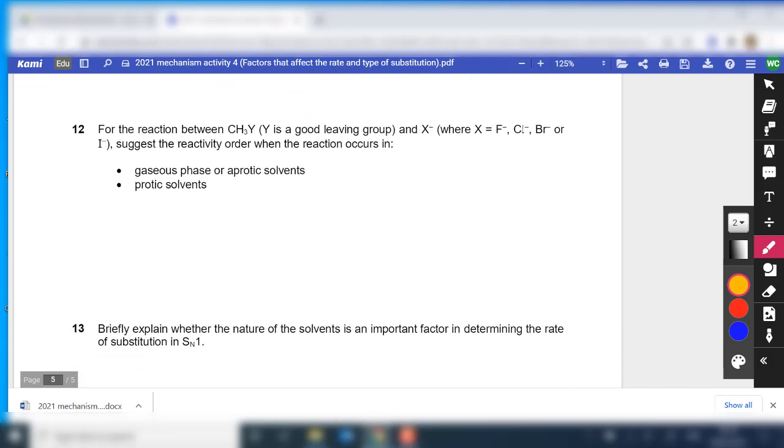Then for the reaction between CH3Y, that's question 12, and X minus, where it can be the various nucleophiles, suggest the reactivity in gaseous phase. This really is testing you on your knowledge of solvent effects. Some of you might recognize that HF is actually a weak acid.